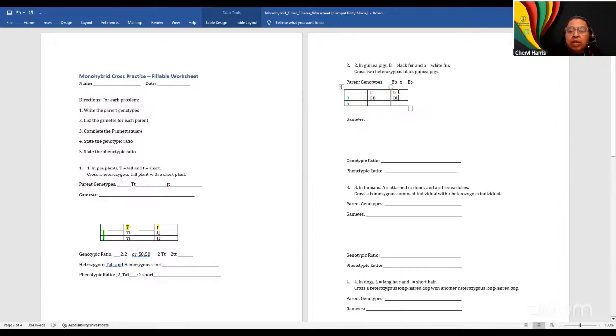The one on the top is the lowercase b, and the one on the side is an uppercase B. Same thing over here. Even though we have the lowercase first, we're going to put the capital, and then the lowercase. And in this box, we're going to put 2 lowercase. Everybody see how I did that? I take the one at the top and the one on the side, and I put them in the box.